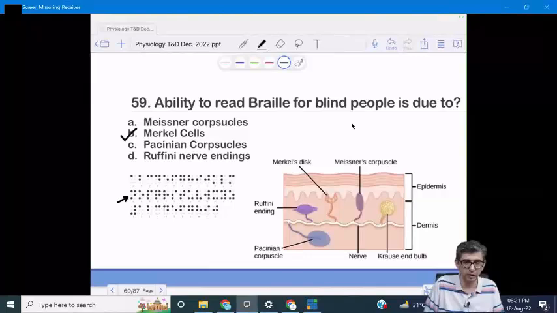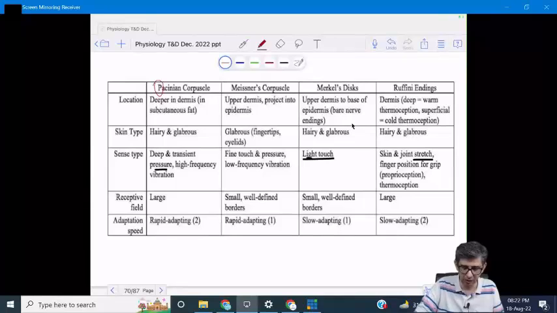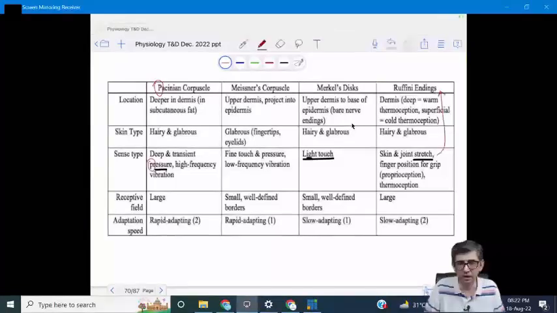Ruffini nerve endings, as I explained, is mainly for stretching of the skin. Nobody makes mistakes with Pacinian corpuscle because it's related to pressure, so unlikely. Stretching of the skin, again people are able to remember Ruffini nerve endings. Most questions in the exam are with respect to Meissner's corpuscles and Merkel's disc.